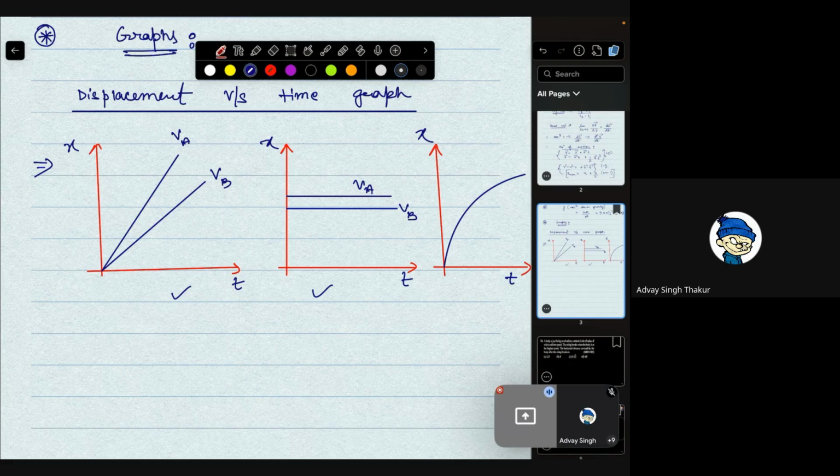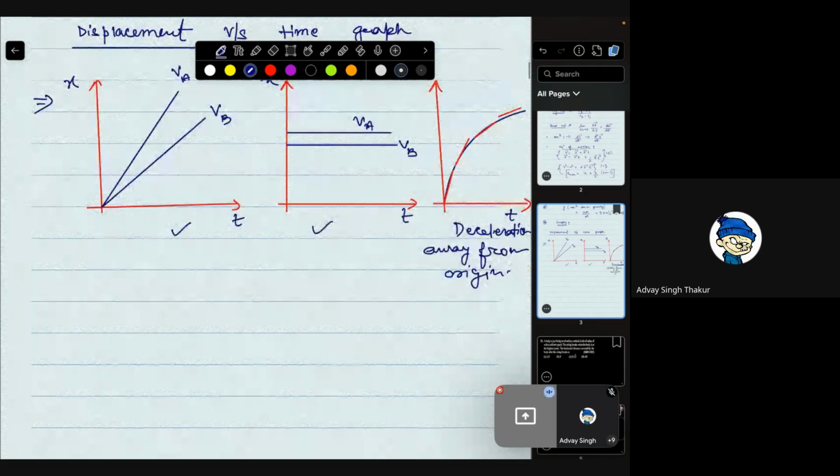Basically, the body is decelerating, or you can say retarding, away from the origin, because you can see the slope here is decreasing. That means velocity is decreasing, that means it is a deceleration. So you can write deceleration away from origin.